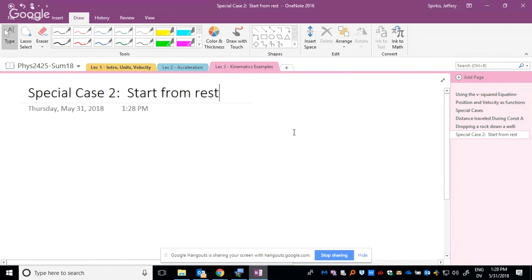Let me look at another important special case. So we did the case of coming to a stop. Now we'll do the case of starting from rest. So we're basically saying in this case that v initial is equal to 0. So that kind of fits into a lot of our equations.